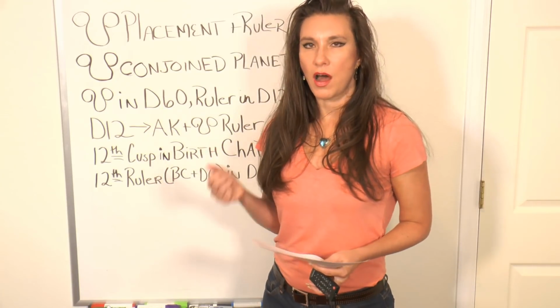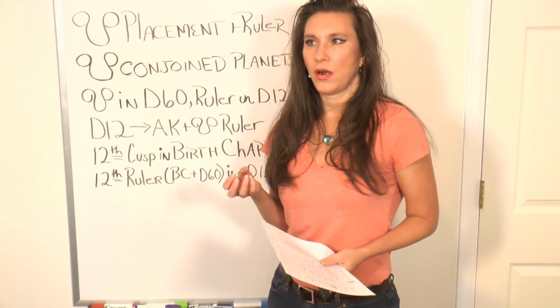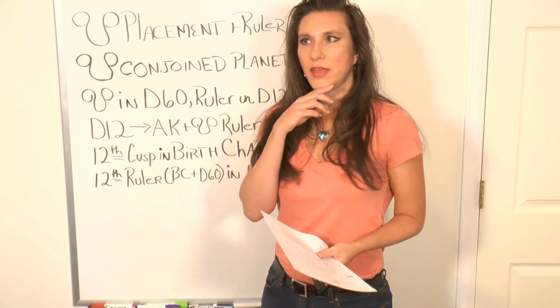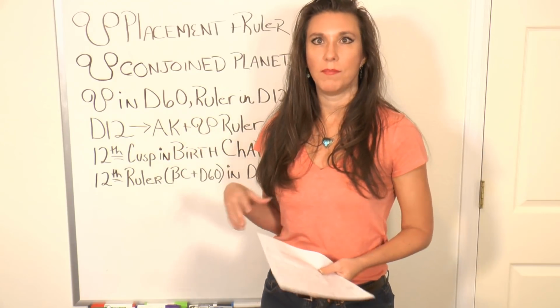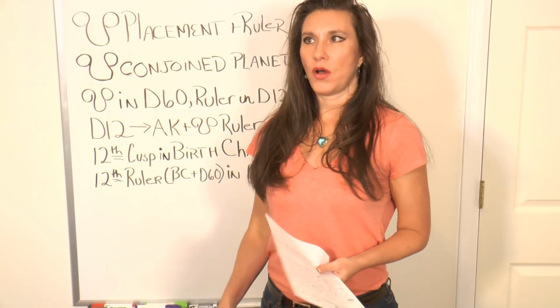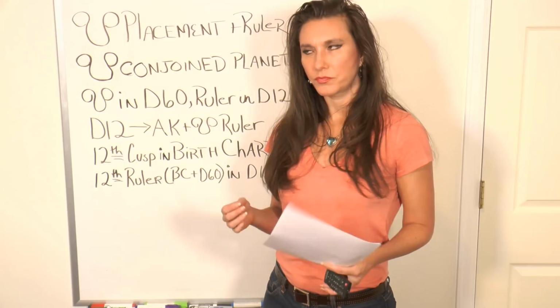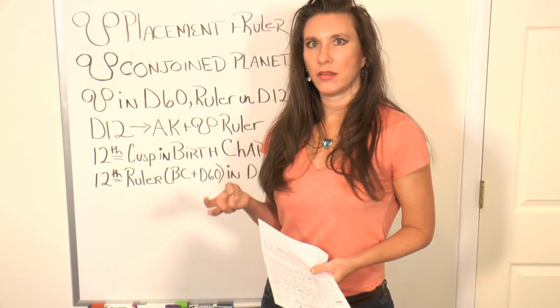Then you have Kama, which is desire houses, and those are 3, 7, and 11. And then you have Moksha, or enlightenment, or consciousness houses, emotional houses. Those correspond to water. And those are 4, 8, and 12.